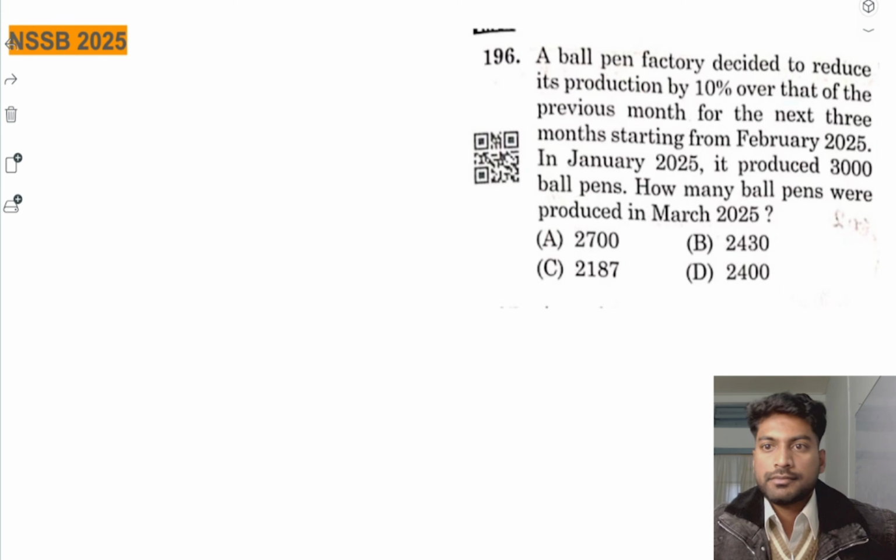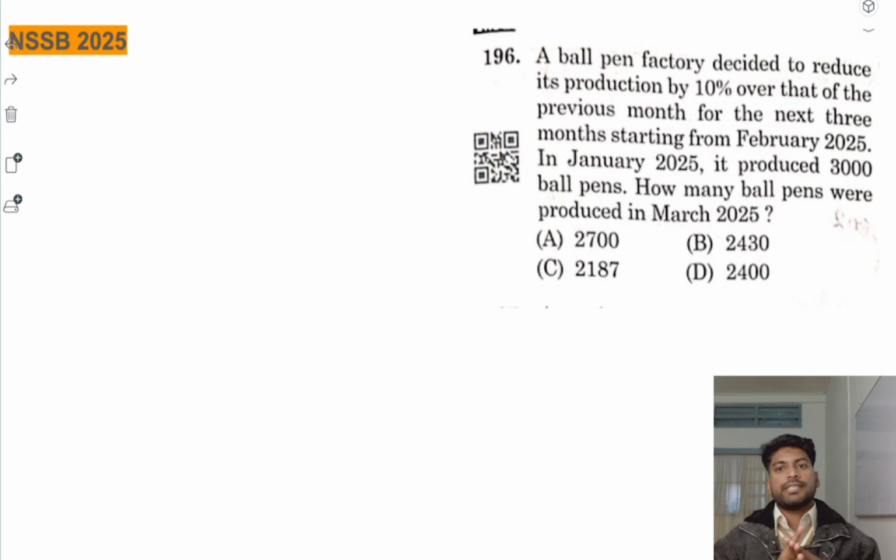Next question. A ball pen factory decided to reduce its production by 10% over that of the previous month for the next 3 months starting from February. In January the production was 3000.